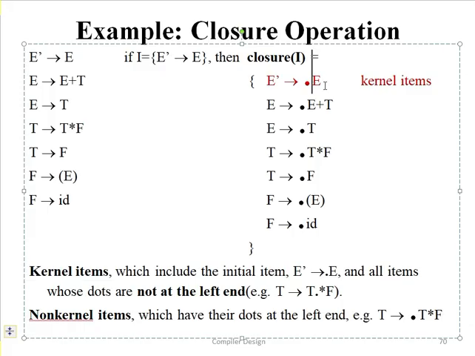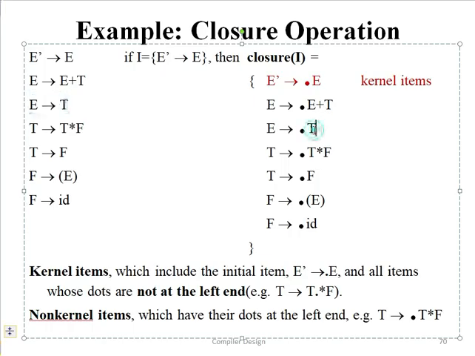If after the dot symbol we have a non-terminal, then we add all production rules of the non-terminal that appeared after the dot operator. So from the original production rules, since after the dot operator we have E, we should add all production rules of E. So the two production rules of E that should be added to the closure of I are E derives dot E plus T, E derives dot T.